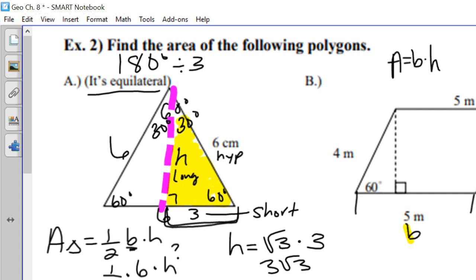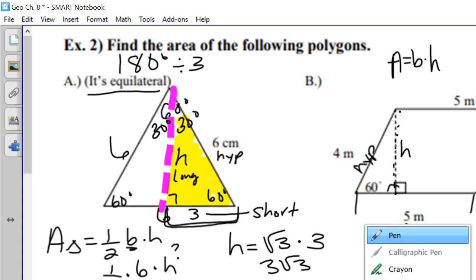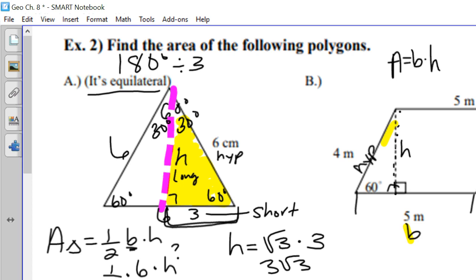We do not know the height. Dang it, the height is not 4. Shoot. So we have to calculate the height. We know that the hypotenuse of this 30, 60, 90 triangle is 4.